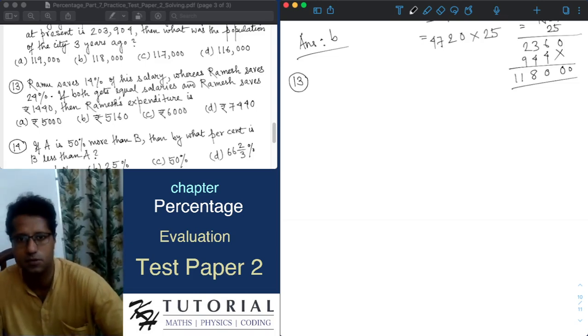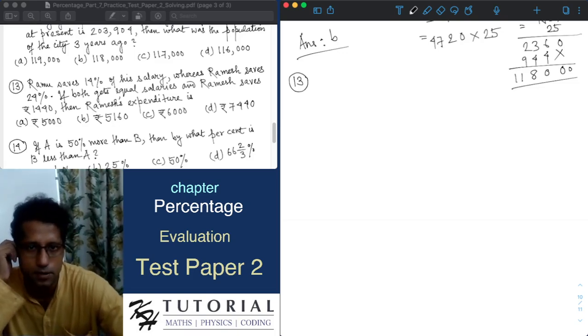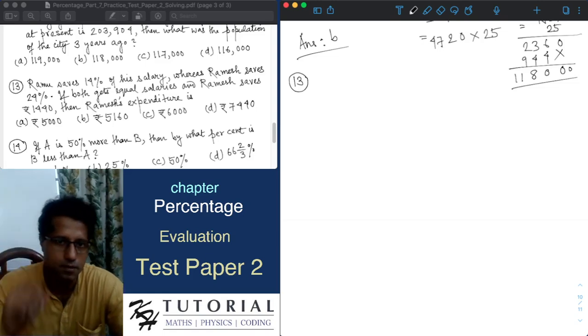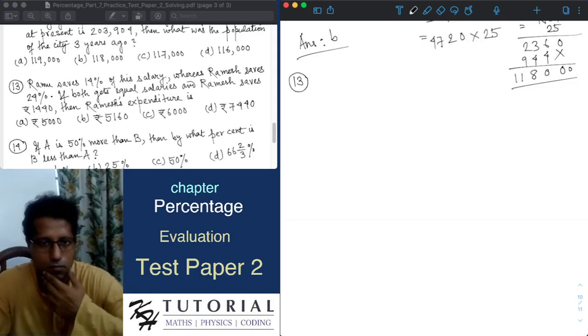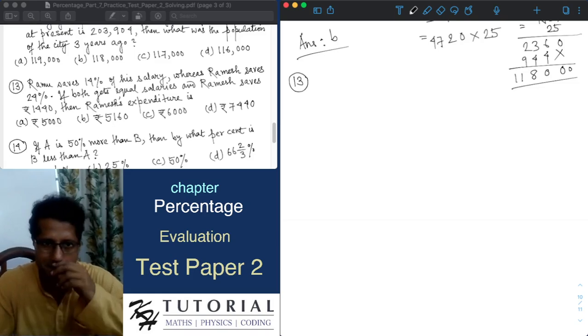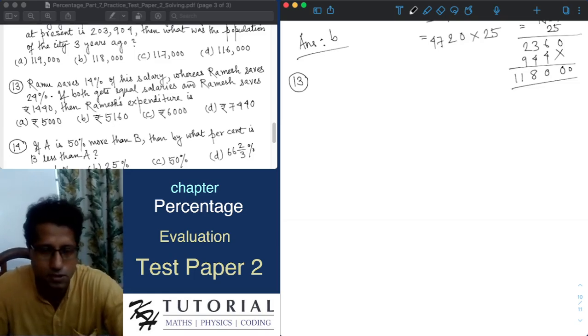To find Ramesh's expenditure, we have to find the total income, and the total income of both Ramesh and Ramu is the same, since both get equal salaries.